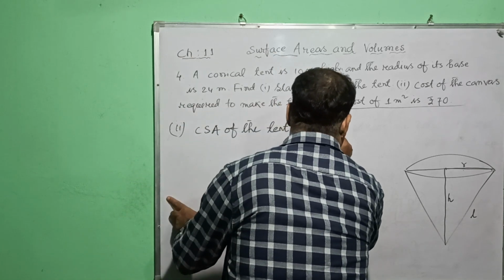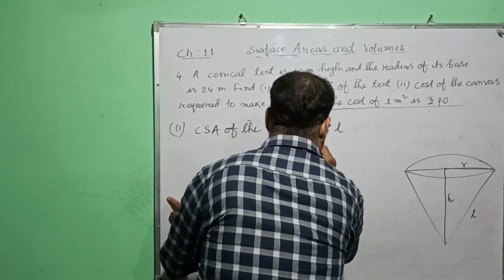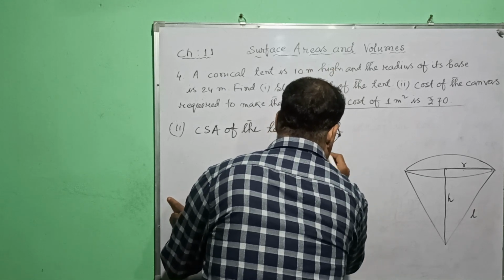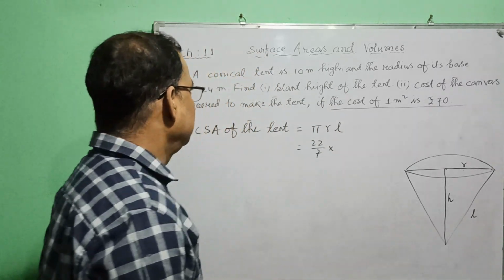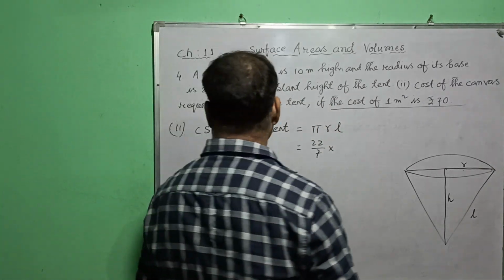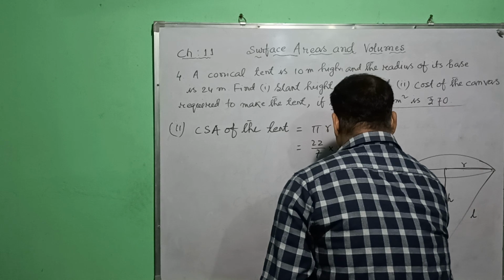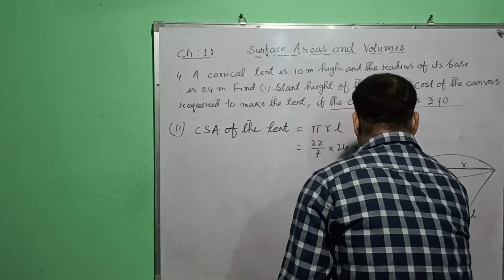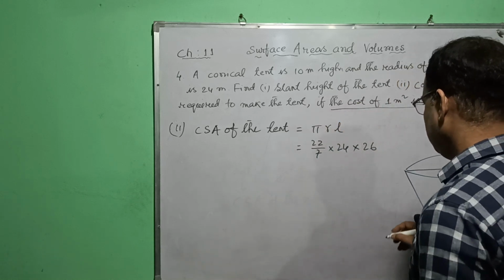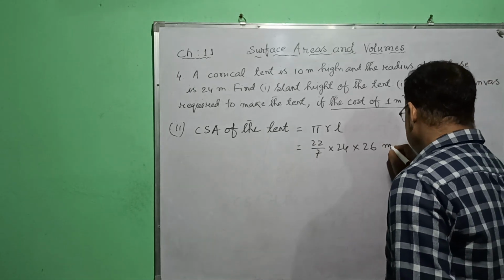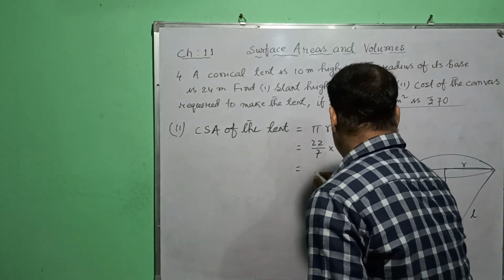So, let us write pi RL equal to 22 by 7 into R is 24 into L is 26. Just we find out. So, it is meter square.